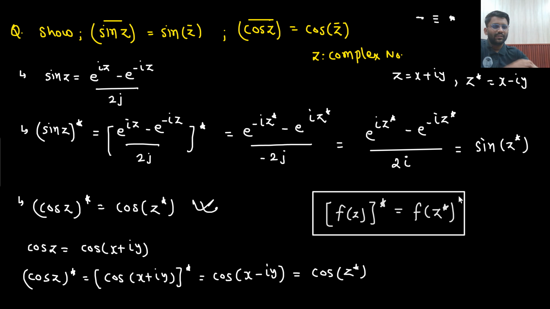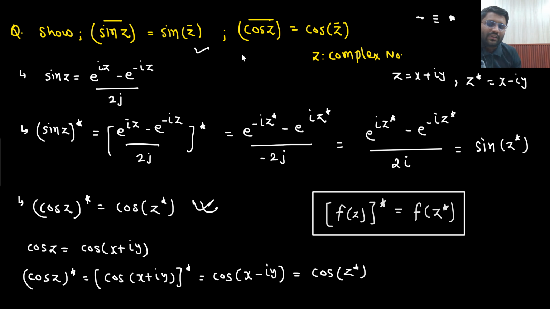Why is that so? Because, sir, the meaning of conjugate is that only iota will be disturbed, nothing else. Iota will be replaced with minus iota. That's it. So if I only need to disturb iota, then this is how I will do it, no? F of z conjugate. Job done. Understandable? Say yes or no. Right?